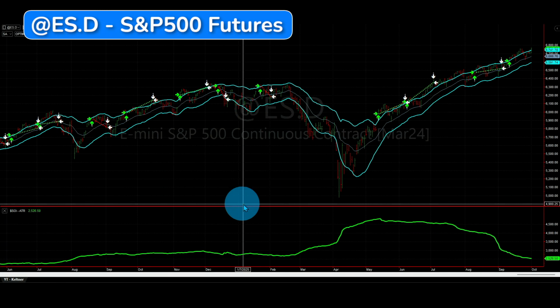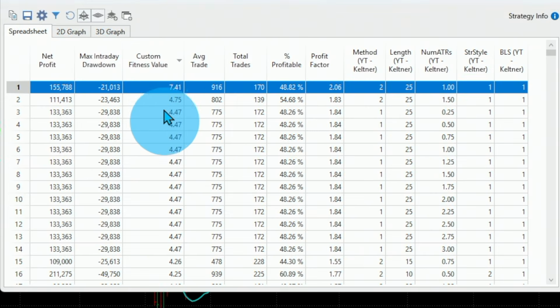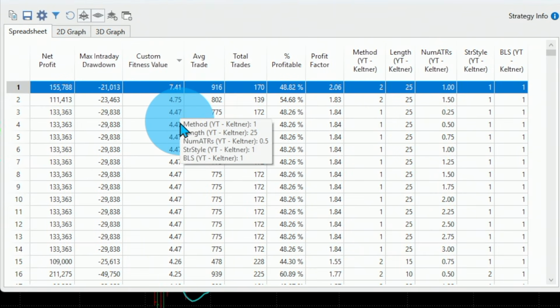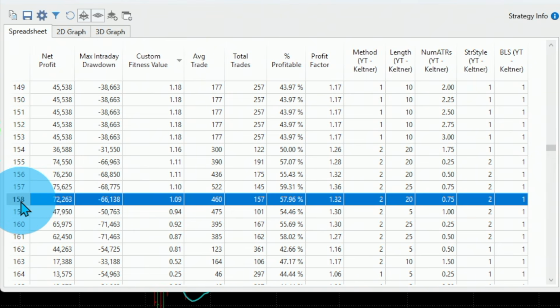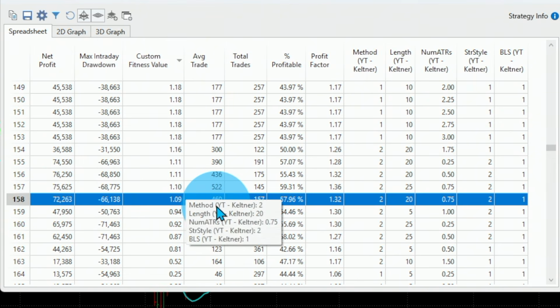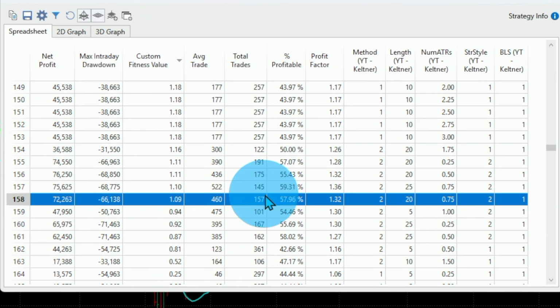And this is the S&P 500 futures. And here, the lowest average true range is about $2,200. Again, we filtered all the strategies with less than 100 trades. And as you can see, they are all doing better than 100 trades. And here we have 158 strategies doing better than 1 return to drawdown ratio.